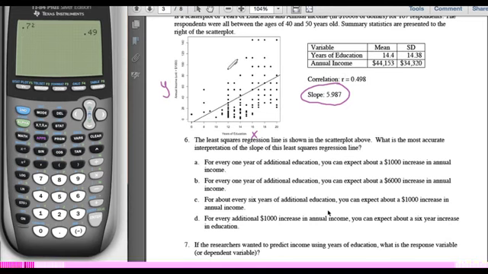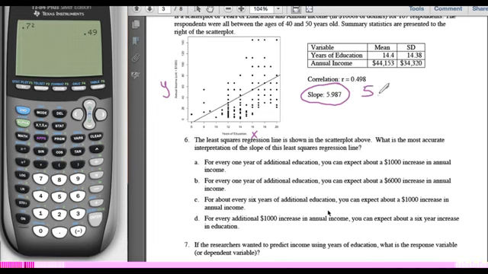I want to explain what this means. We said our slope is how much we predict the Y to increase by as the X goes up by 1. So I expect the Y, which is annual income in thousands of dollars, to go up by 5.987.